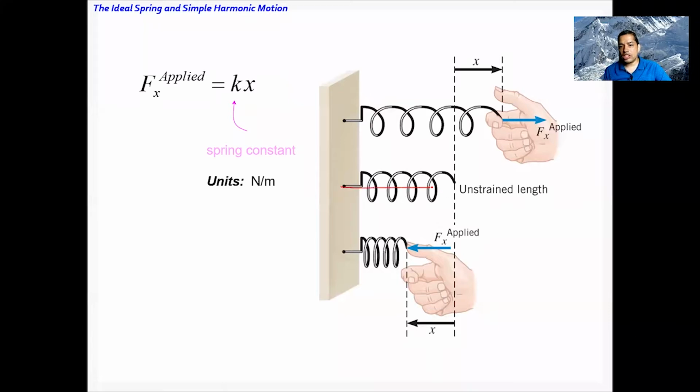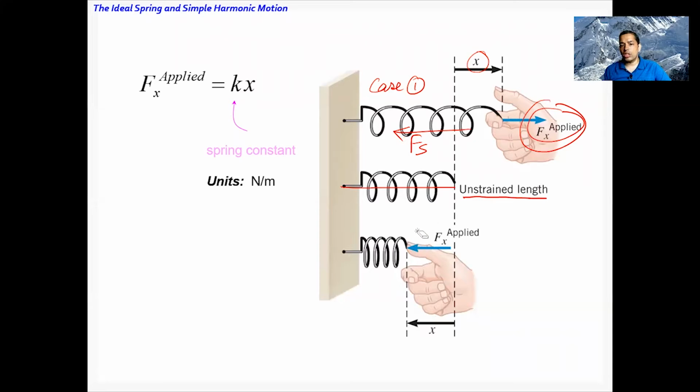So in this case right here, the spring is unstrained. This spring is neither compressed nor elongated. Now, in case A, we extend the spring by amount x. In this case, the applied force is this way, so the restoring force on the spring, Fs, is to the left.